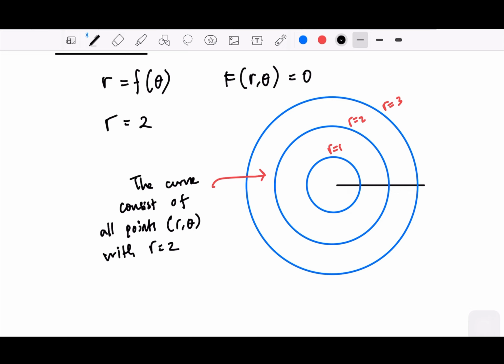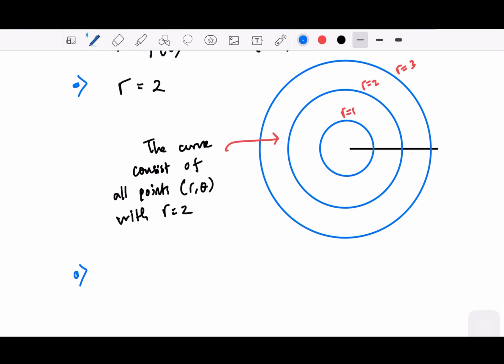Okay, so that's the first one, the circle.